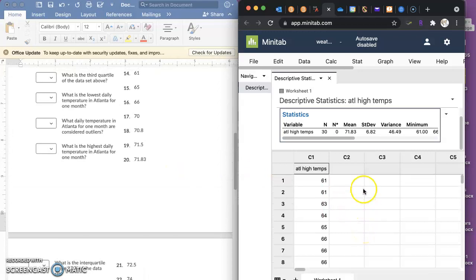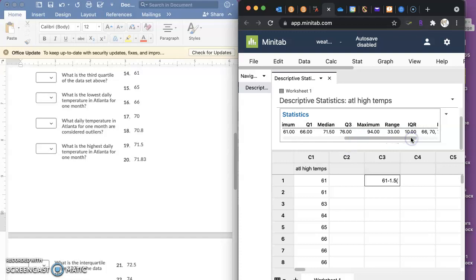So let me show you how you find an outlier. An outlier is going to be something that's way lower than 61 degrees or way higher than all of your temperatures. The way you find that is 61 minus 1.5 times our interquartile range. Our interquartile range was 10.